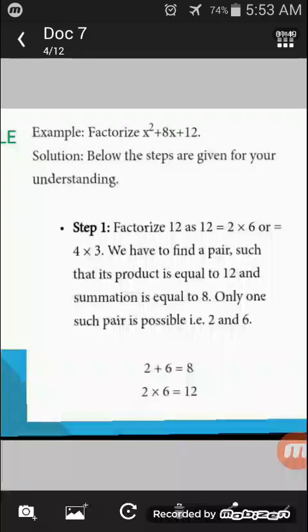2 and 6 are the numbers. When we add up 2 and 6, then we get 8, and when we take the product of 6 and 2, then it gives the result 12.